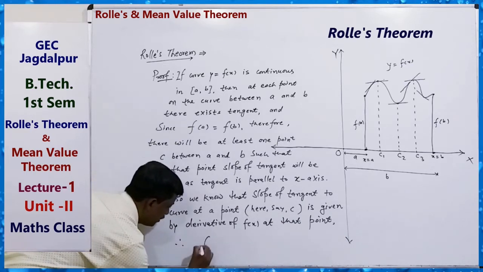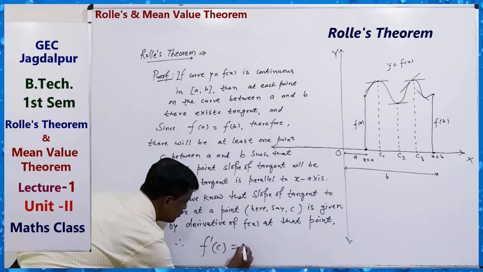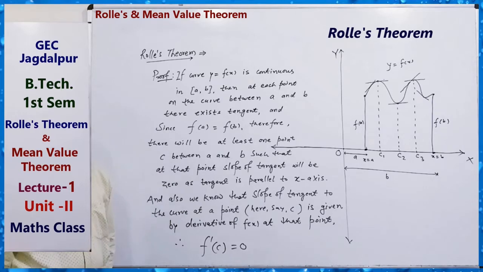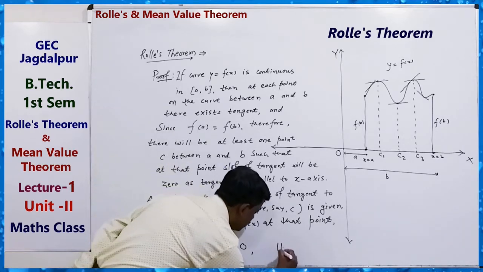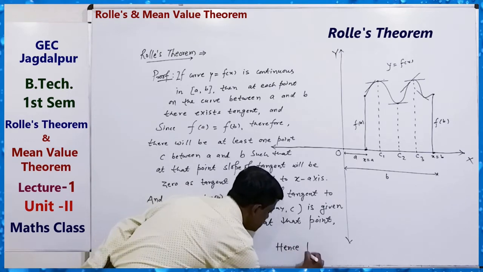Therefore, f dash c equals 0. Derivative at point c equals 0. Hence, proved.